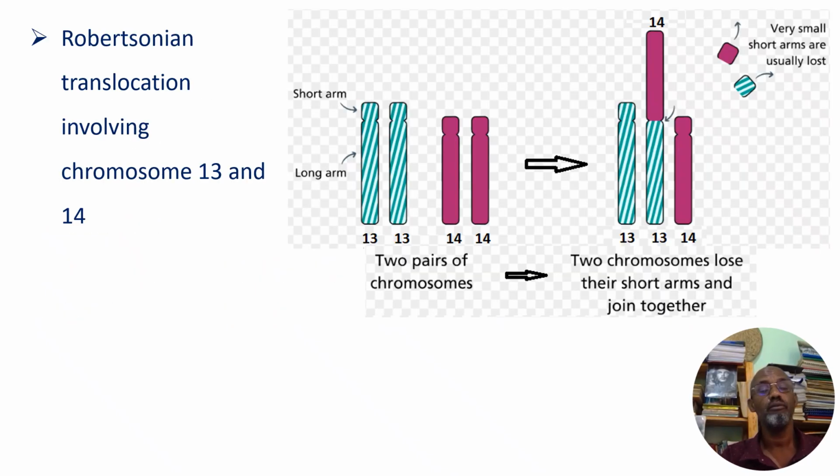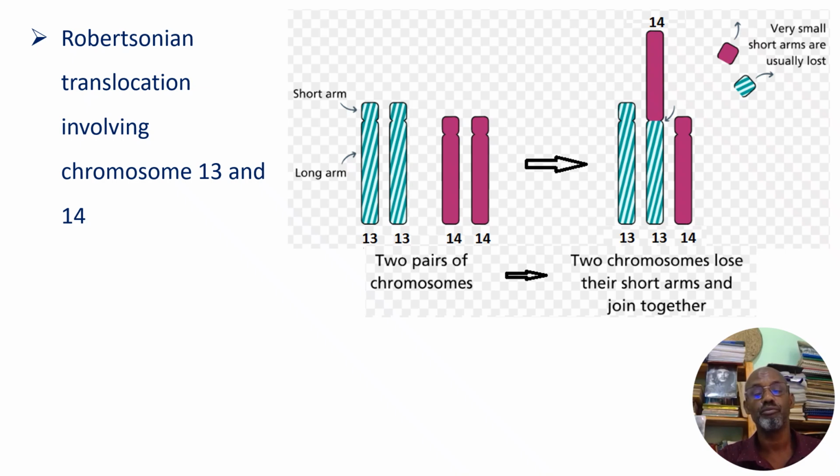You see? Now, Robertsonian translocation involving chromosomes 13 and 14. You can see the short arm, you can see the long arm. You can see here two chromosome number 13 pairs. We have all our chromosomes in pairs, one from mom, one from dad.